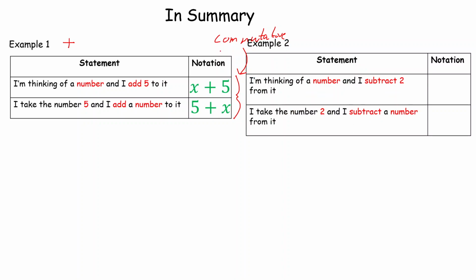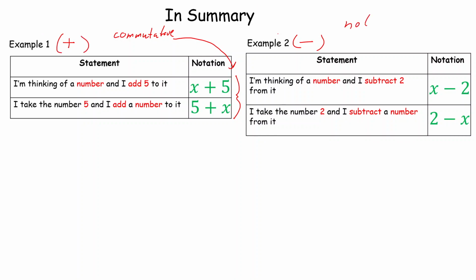Example 2. It's got a bit cramped, isn't it? If you want to make a note of that, let's just do it over here. We saw for example 2, with subtraction, we wrote these 2 statements in the following way, and we saw that for subtraction these are not commutative.